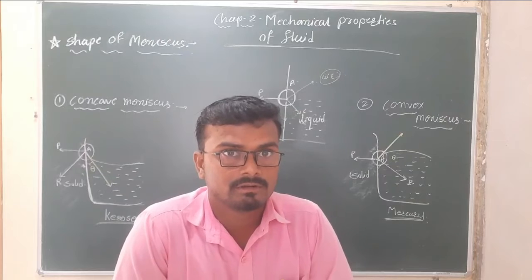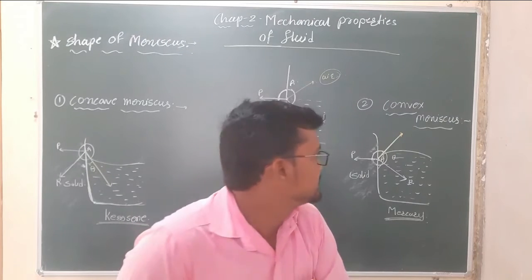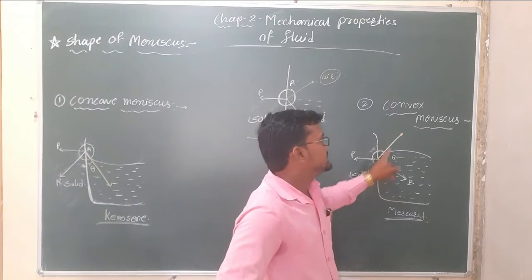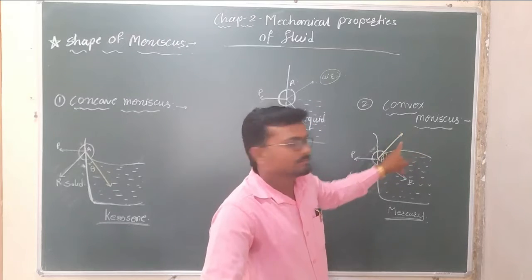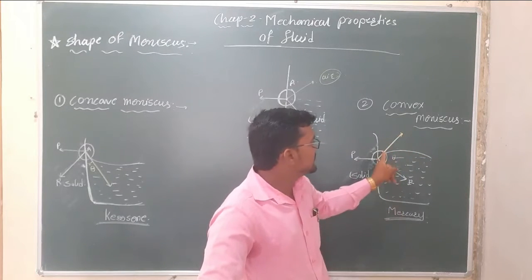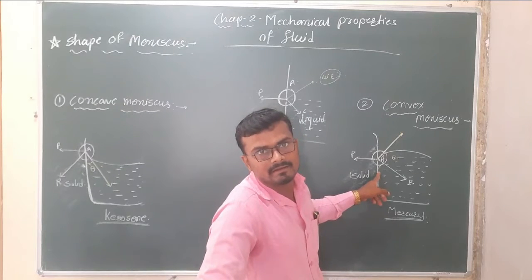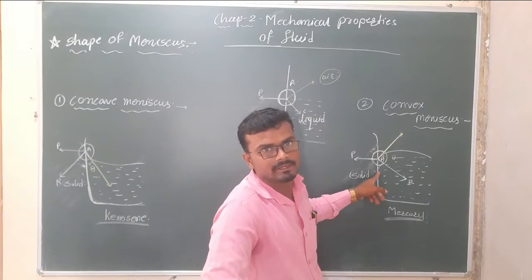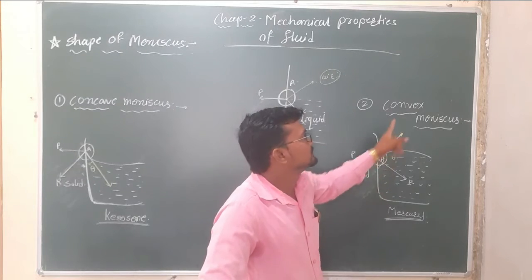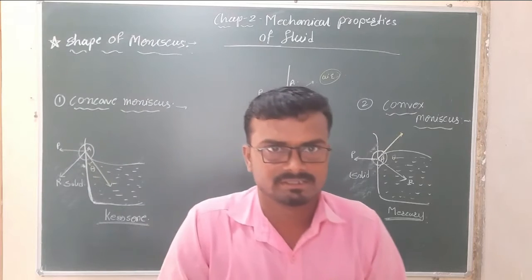If we draw a tangent to the free surface at the point of contact, that tangent is represented by the yellow vector. The angle between that tangent and the solid surface is greater than 90 degrees, an obtuse angle. This is all about the convex meniscus.